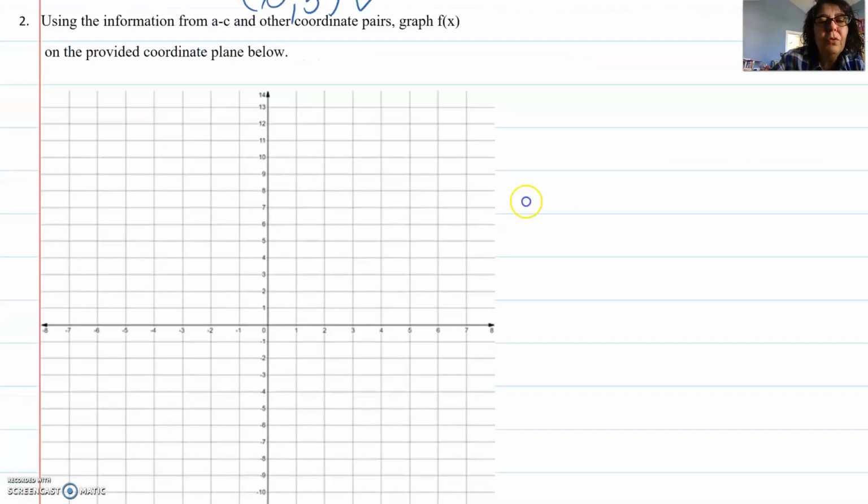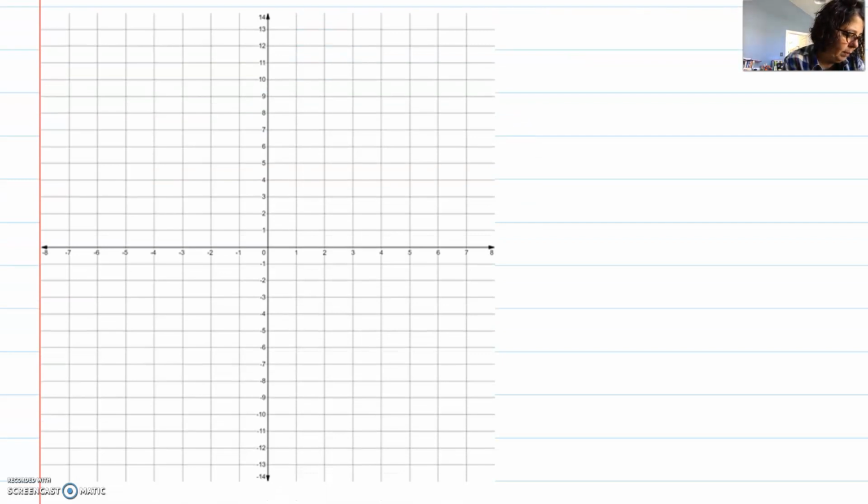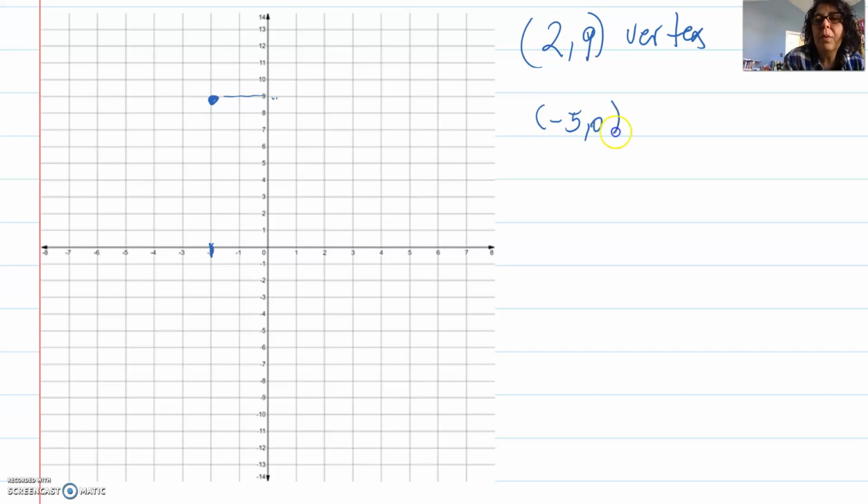All right, now we're going to draw that. So let's do this. We do have a vertex at negative 2, 9. That was our vertex, negative 2, 9. Right, important points. We did have x-intercepts at negative 5, 0, and 1, 0.